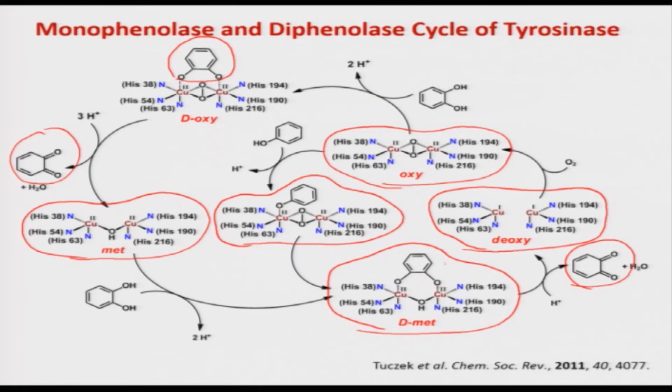This diphenolate will be oxidized to quinone and the enzyme reduced to the deoxyform, where copper 2 goes back to copper 1, and now it is ready to take up one oxygen and go back to the oxyform and start the catalytic cycle once again. So, this is the way a monophenol converts to diphenol and then quinone, which is responsible for the browning of the surface in potato and apple.